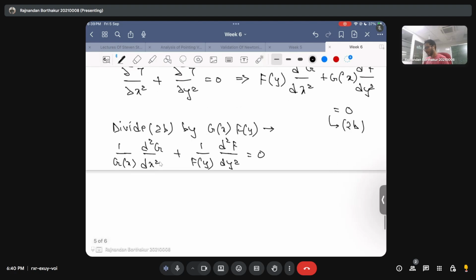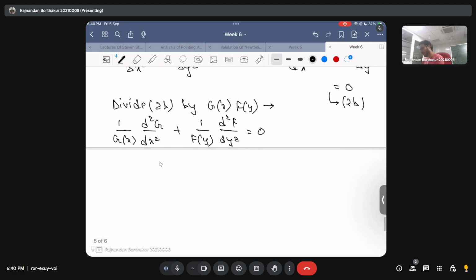Okay. And if we do a fair bit of rearrangement, I'll just take this term to the other side. We'll not repeatedly write f of y and g of x. Whenever you see an f, you just need to realize that this is a function of y, and whenever you see a g, it is just a function of x.